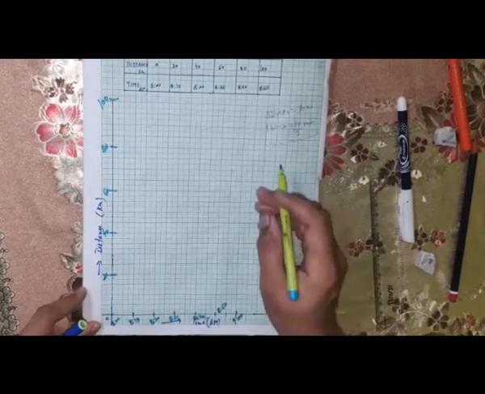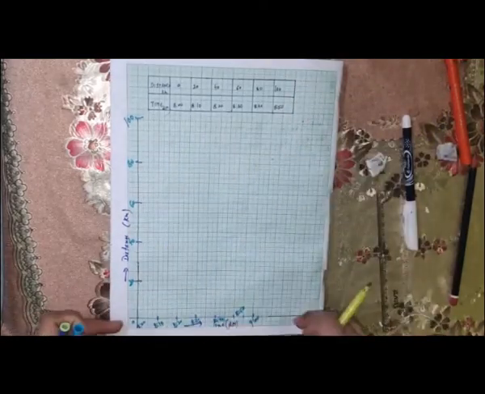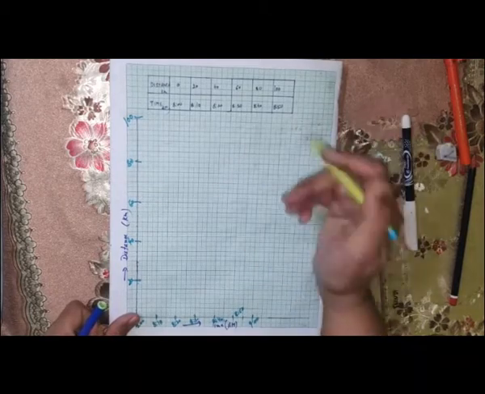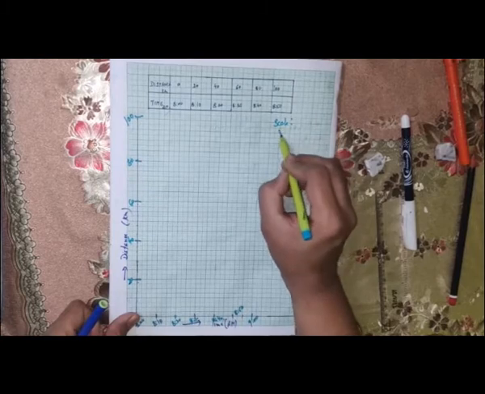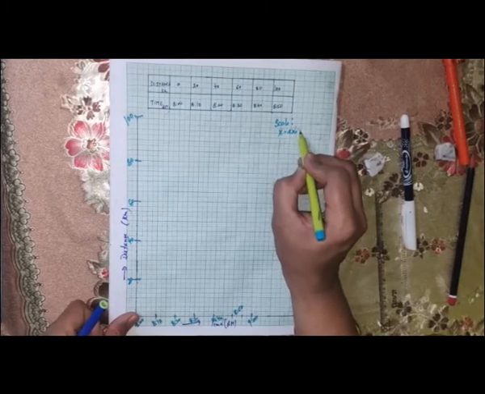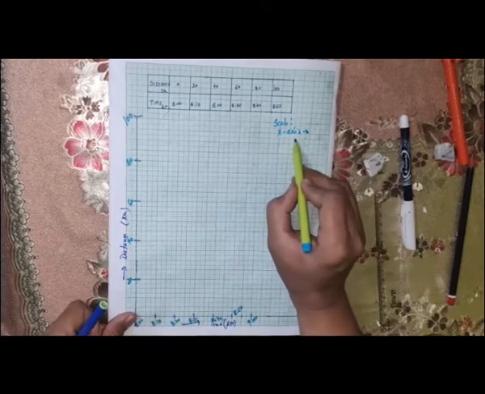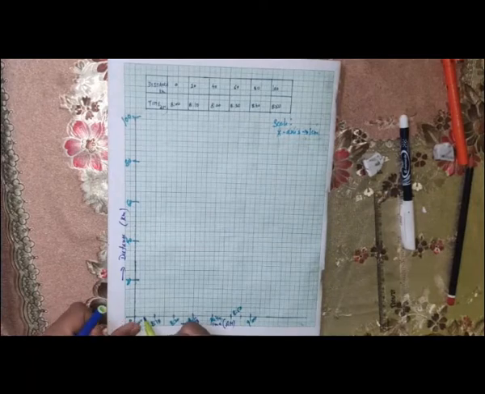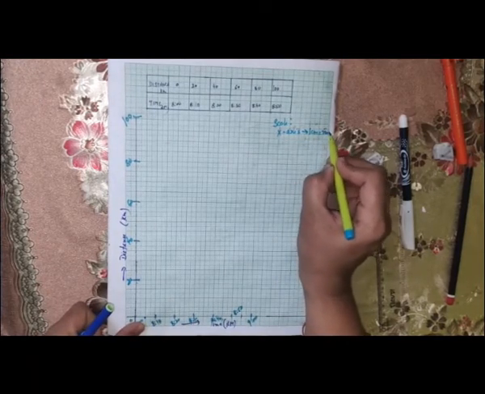Now, what is the scale that we have chosen? First, we have drawn the axes, we have marked the points, and we have chosen the scale. Now we need to mention this scale. On the x-axis, 1 centimeter is equal to 5 minutes.